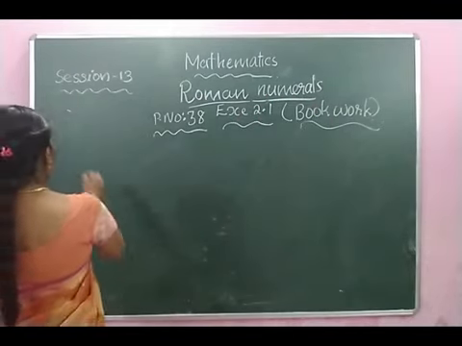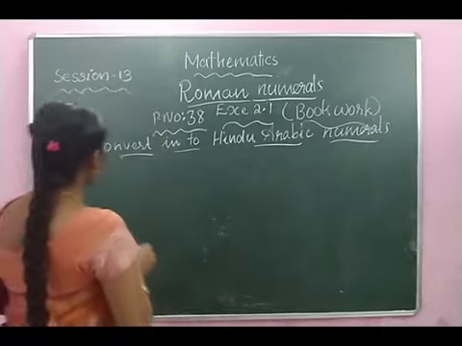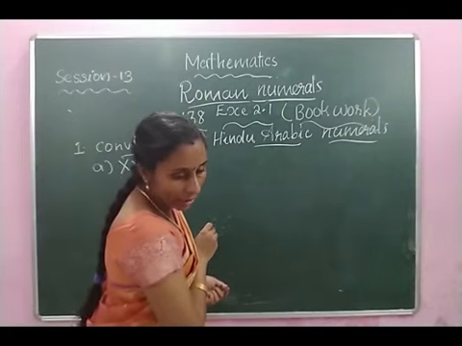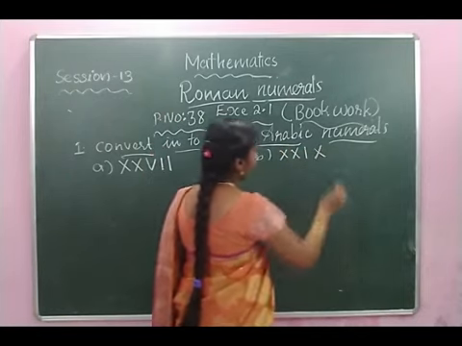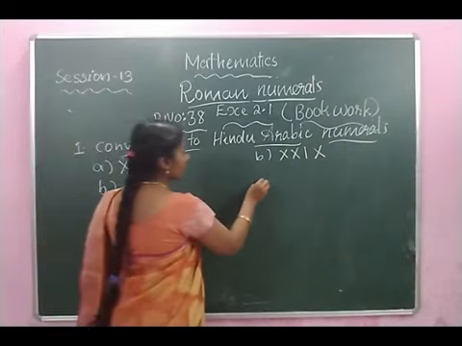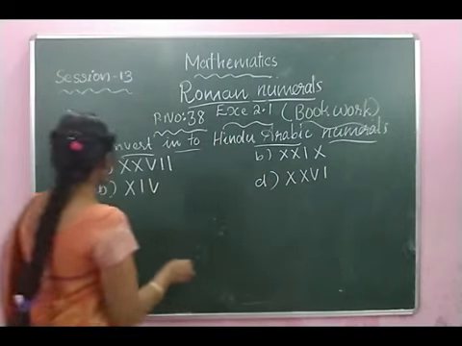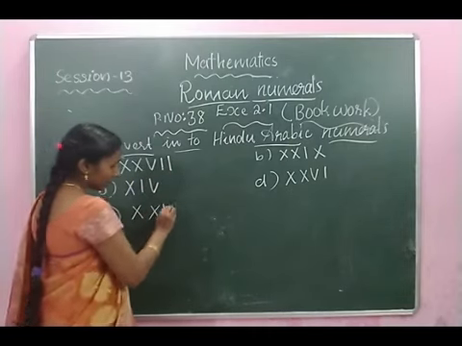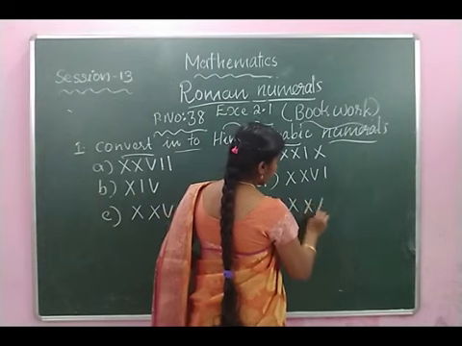Here, first one is XXVII. Question B, XXIX. Question C, XIV. Question D, XXVI. Question E, XXV. Then XXXIV.